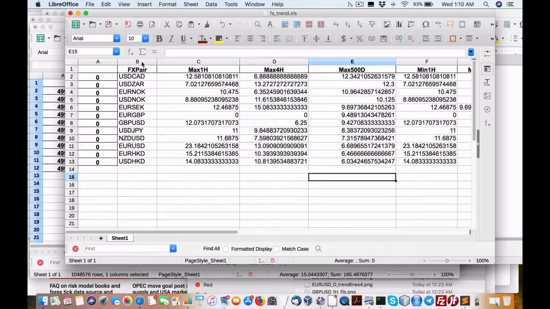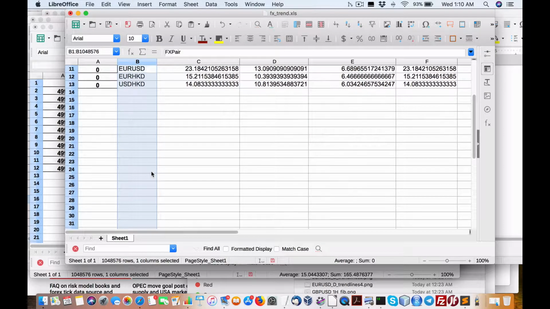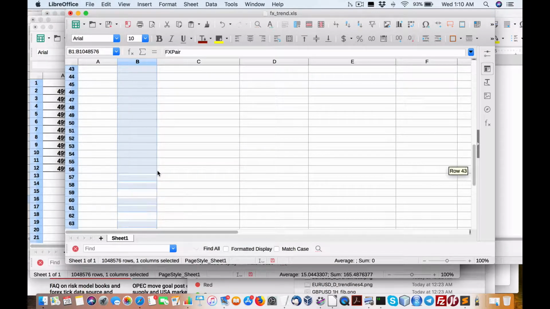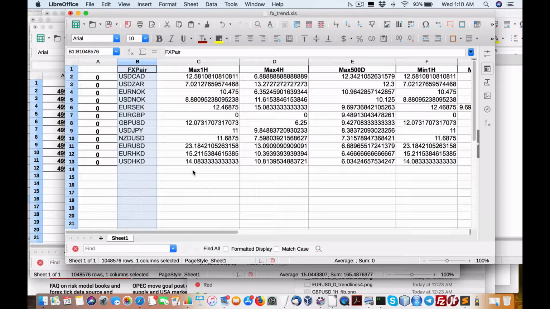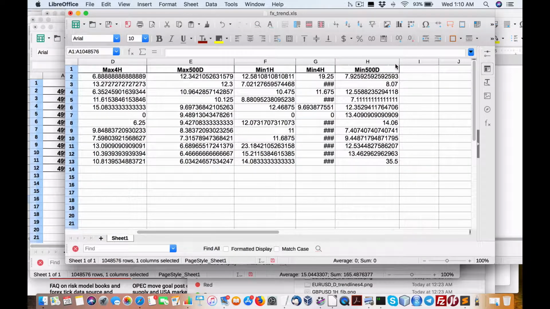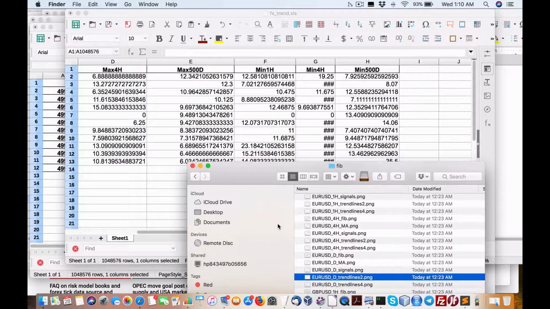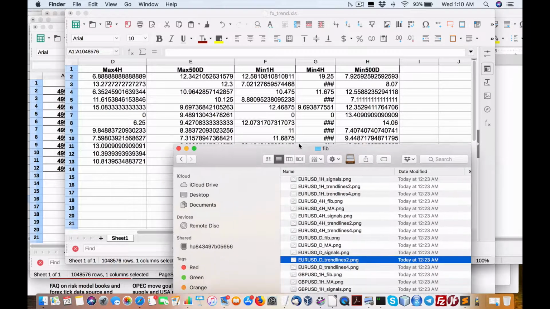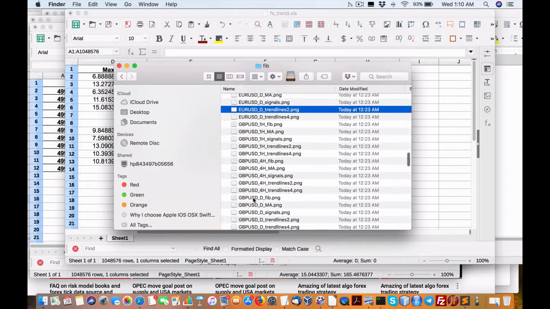Now, in terms of the currency pairs, I'm hoping to have 40, maybe 60, depending upon my access into what Dukascopy gives me. So I just want to show you the overall metrics used for this. And if you are interested in this, what I plan to do is to give, in my analytics service, all of these files.